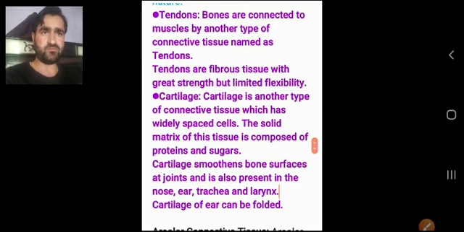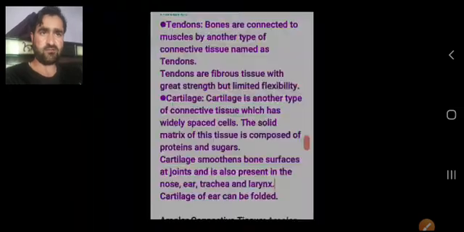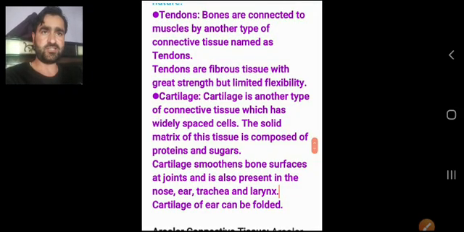Bones are connected to muscles by another type of connective tissue named tendons. So two bones are connected to each other by the ligament, while when a bone is connected to muscular tissue, there is another type of connective tissue known as tendon. They are fibrous tissue with great strength but limited flexibility. There is a lot of flexibility in the case of ligament, but in the case of tendon there is limited flexibility.